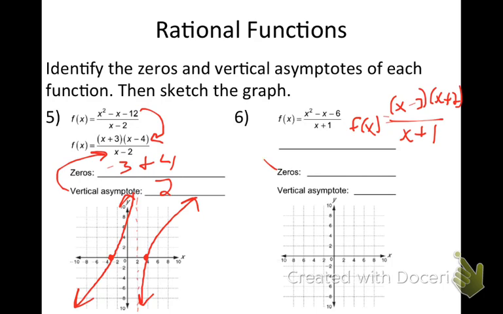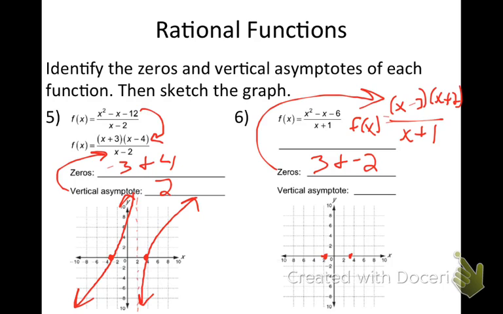If I look at my numerator, that's the factor. So my zeros are located at the opposites, which are 3 and negative 2. So I get 3, and I get negative 2.